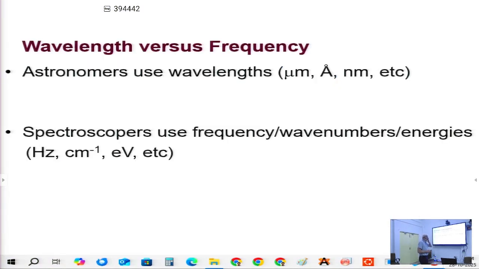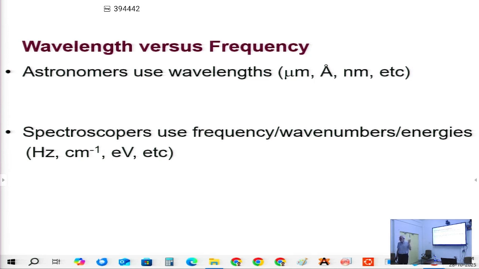So to give a bit of background, I'm a physicist or a lapsed chemist, but not an astronomer. So I like to think in terms of energies or frequencies, because energy levels are very easily given in terms of energies. The Ritz principle is very simple in terms of energies, because you simply add and subtract the energies. Astronomers use telescopes. Telescopes work in wavelength, so the astronomers by and large think in wavelengths.